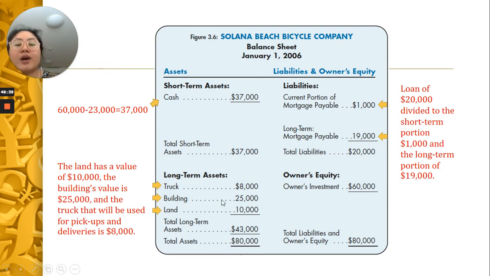And for the long-term asset, the truck is 8,000, building 25,000, and land is 10,000. Total long-term asset is 43,000. So you sum up the short-term asset and long-term asset, 37,000 plus 43,000, will equal the total asset of 80,000.